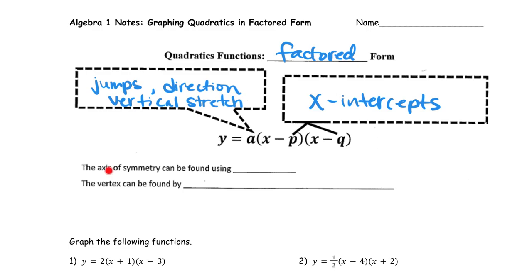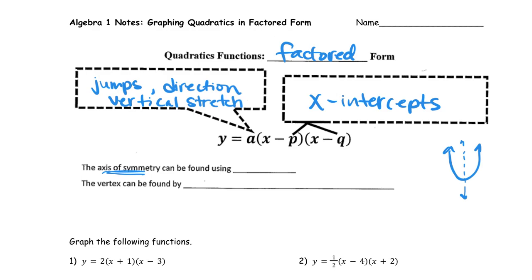So the axis of symmetry is that line. You remember we have a U-shaped graph, and the axis of symmetry is that line down the middle. We've talked about this a little informally, but today we're going to talk about how to use that to find our vertex, and we're going to get that from our x-intercepts. As you can imagine, because everything is symmetric, the axis of symmetry is halfway between the x-intercepts.